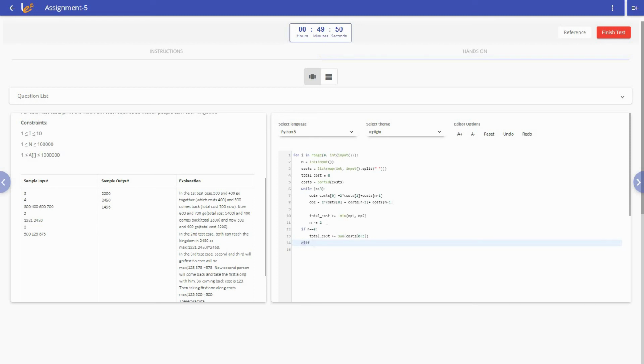If n equal to 2, total cost plus equal to cost of 1. Else total cost plus equal to cost of 0, and at last we are going to print total cost.